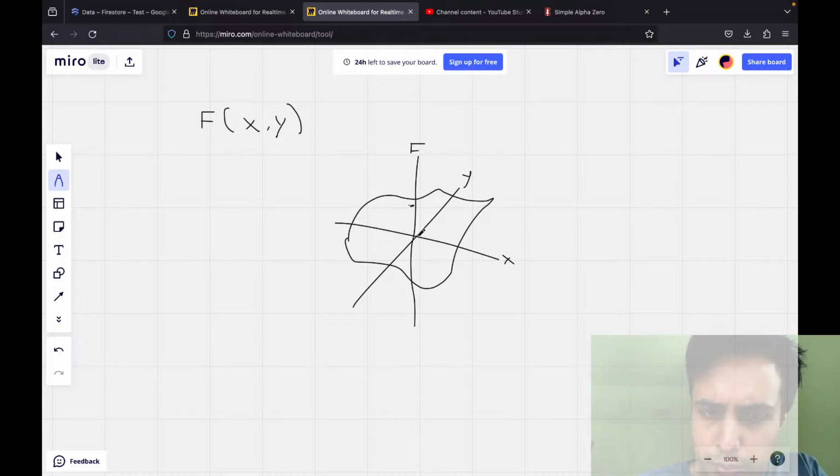So if we take some x and some y right here, and we raise it up, for this given x and this given y, we get this point on our surface.